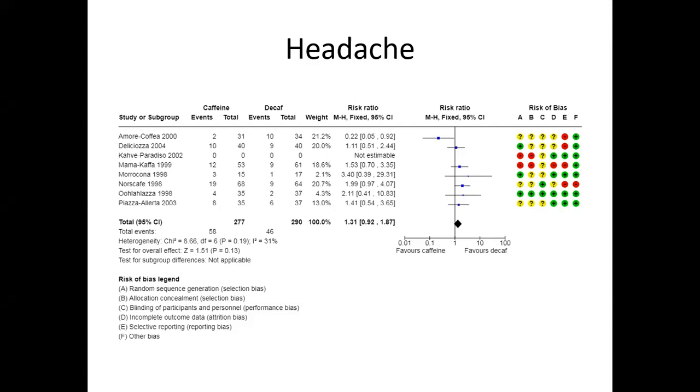But if you read properly, the first study does not touch the vertical line, the line of no effect. So the conclusion for the first study is that caffeinated coffee can give headache. But for the rest of the studies, their confidence interval lines touch the line of no effect. So for the rest of the studies, there's no evidence. They didn't give us any evidence whether caffeinated or decaffeinated is giving headache.